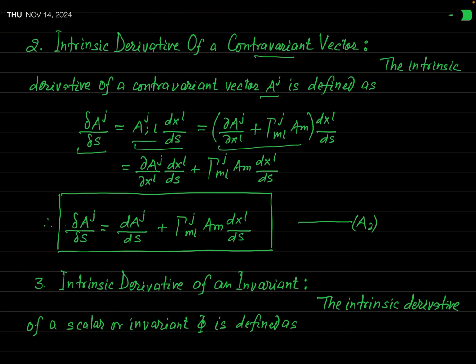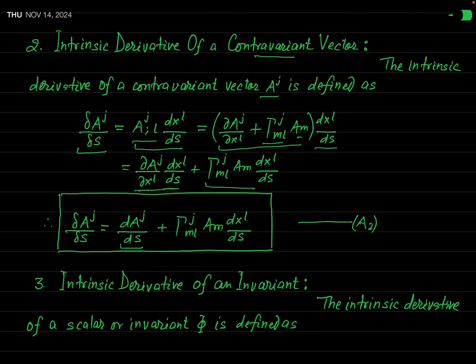This is del Aj by del xl plus this second kind Christoffel symbol times Am times dxl by ds. Again, this can be written as del Aj by del xl times dxl by ds, and this second term. And again, from the idea of partial differentiation, this product can be written as dAj by ds.